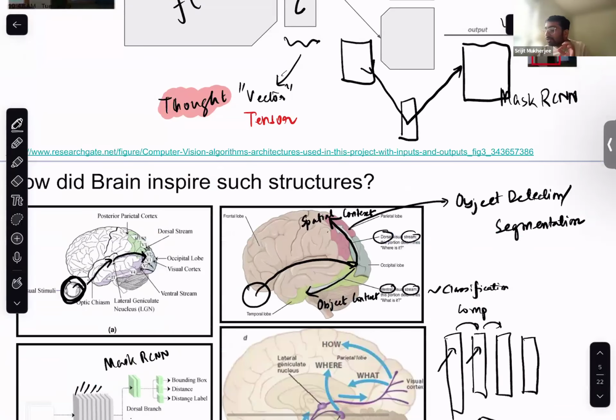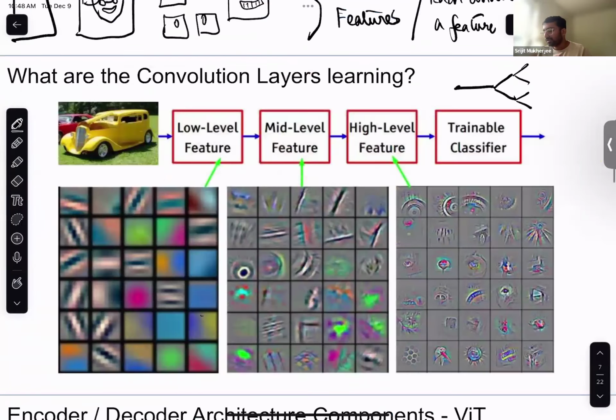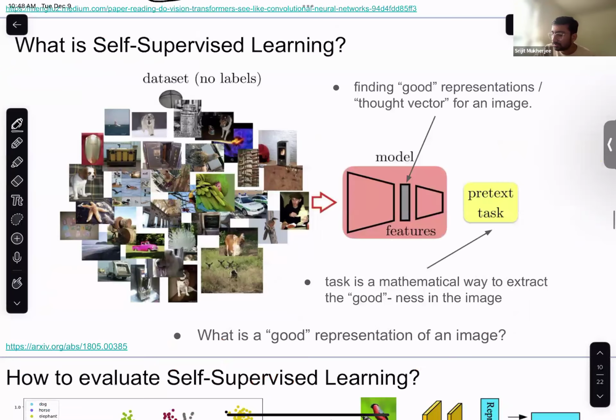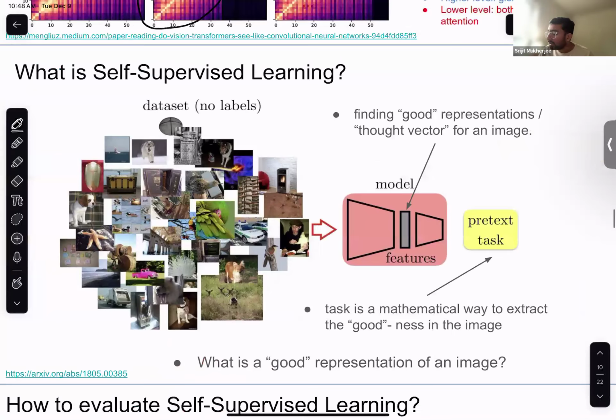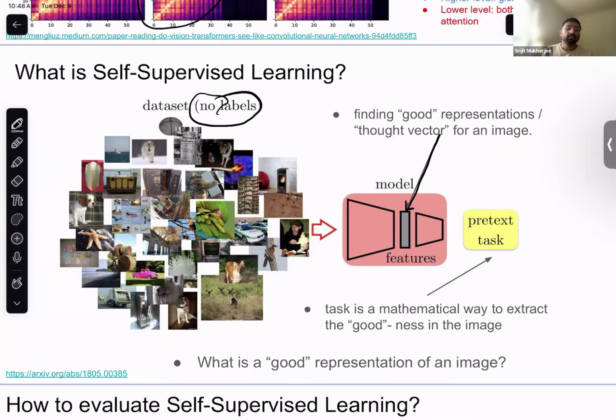The question is, if we do not have labels, then how do we get such a thought vector or a good tensor? Rather, how do we define a good representation of an image? That's what self-supervised learning is all about. Understand, we have no supervision.